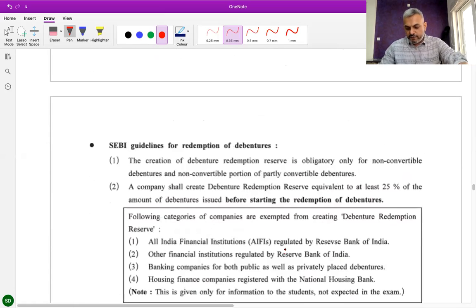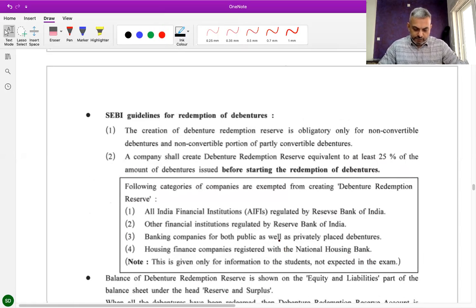And now let's go to the next page, that is page number 94. So from the entry point of view, important points are given over here as per the SEBI guidelines. We have to mark them.